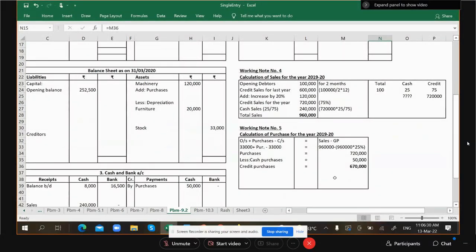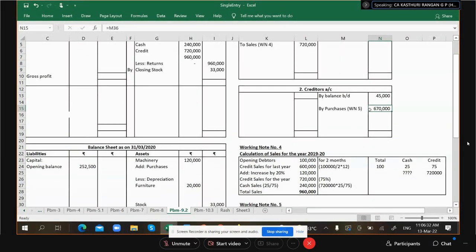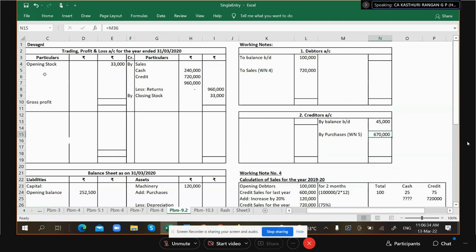So cash purchase in the cash book, credit purchase in creditors account, both should be put in the trading account. Correct? Purchases. Cash 50, credit 670, total 720.